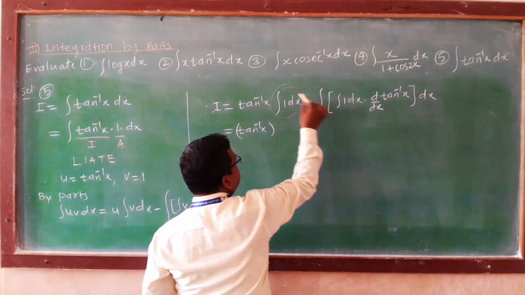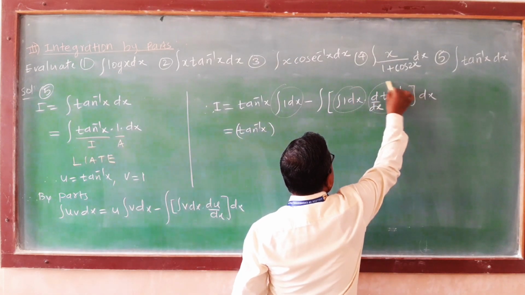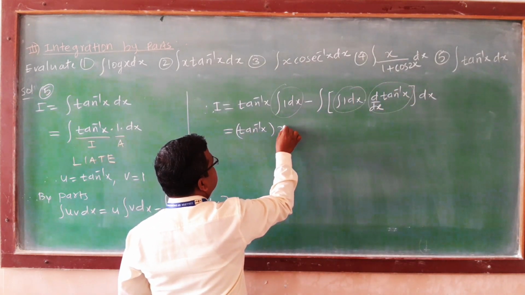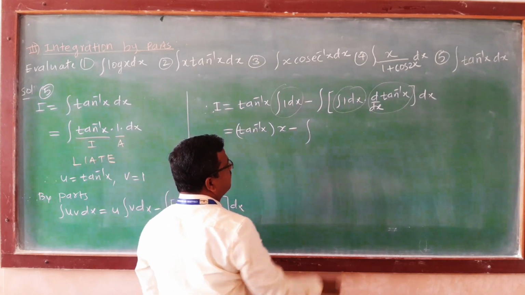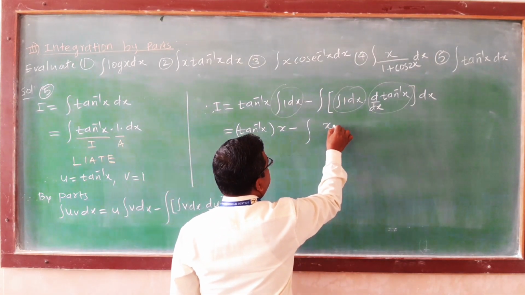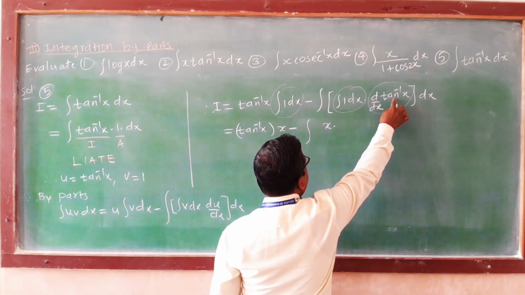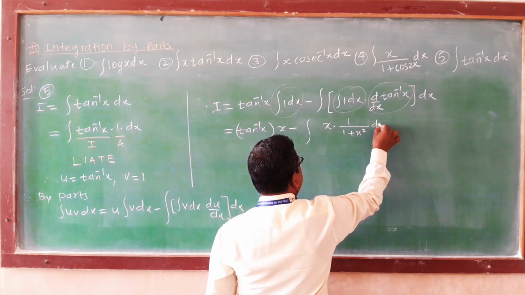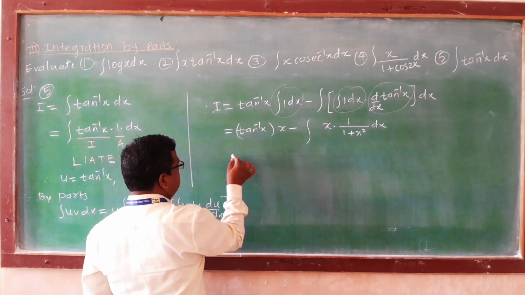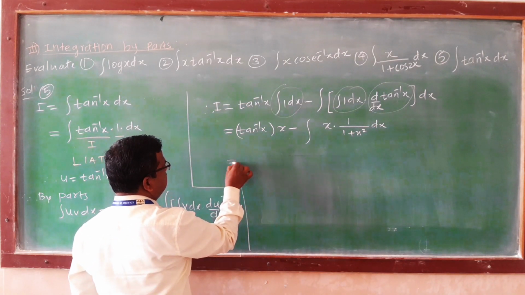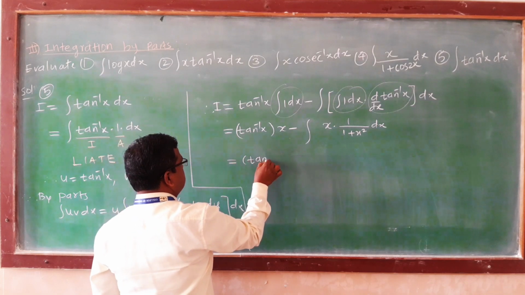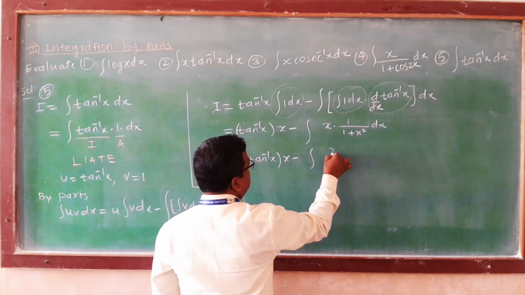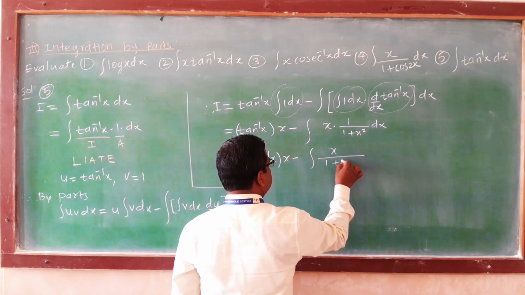Integration of 1 is x, minus, again integration of 1 is x, into derivative of tan inverse x, 1 upon 1 plus x square dx. So which is equal to, we write this as tan inverse x into x minus x upon 1 plus x square dx.